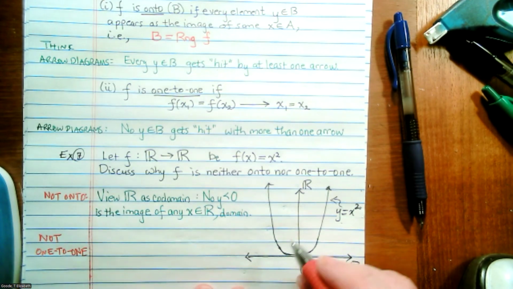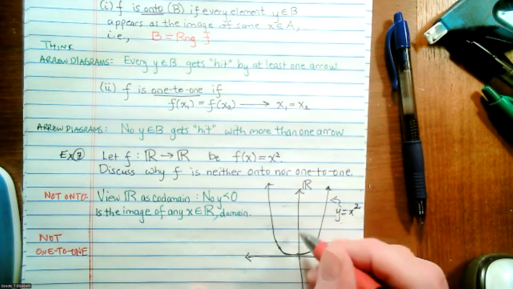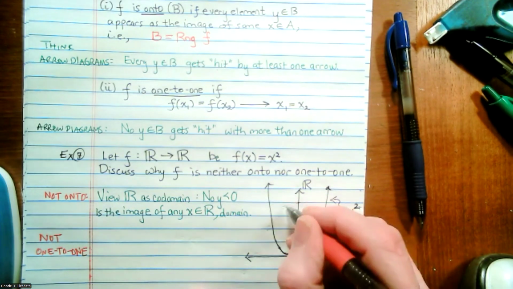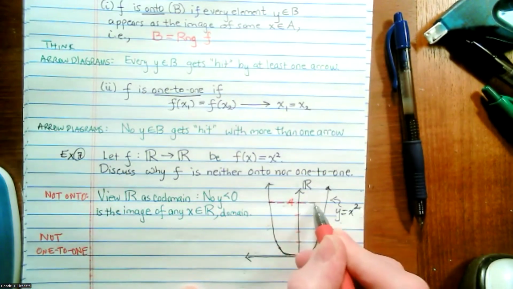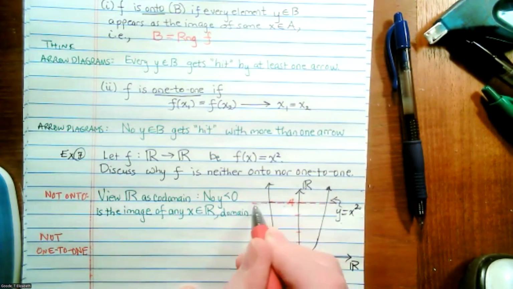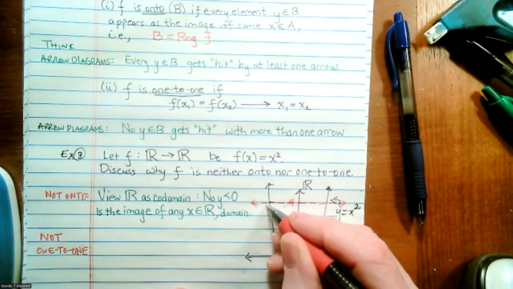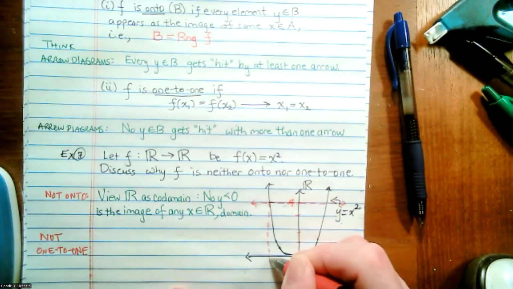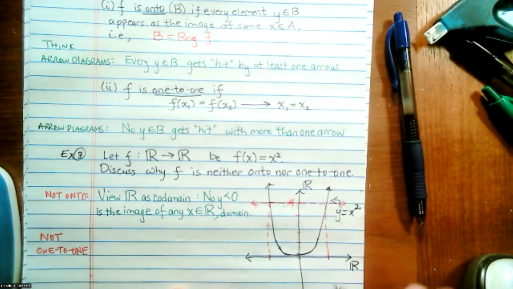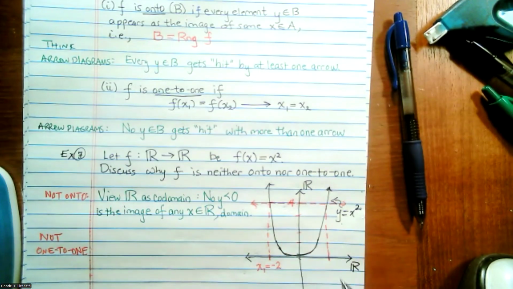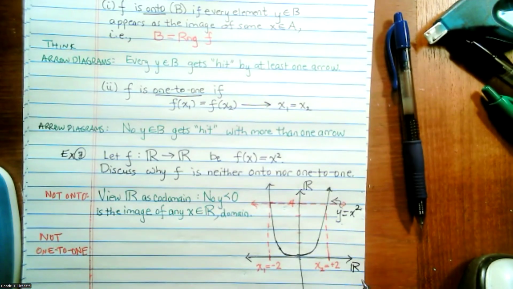So for example, if we think about 1, 2, 3, 4. So let's let this be y equals 4, okay? Well, if we look at the horizontal line y equals 4, there are 2 x values that achieve that y value of y equals 4, right? x1 equals -2 maps to 4, and x2 equals +2 also maps to 4.